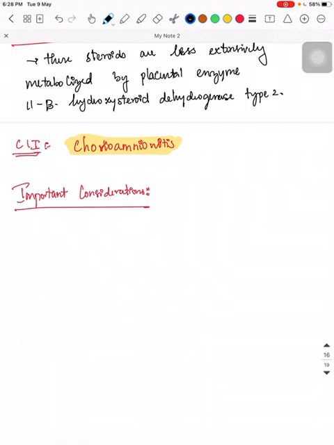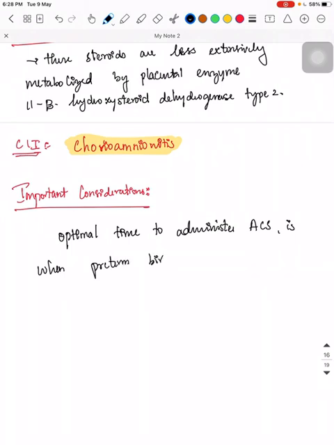So the optimal time to administer antenatal steroid is when preterm birth is planned or expected within the next 48 hours.